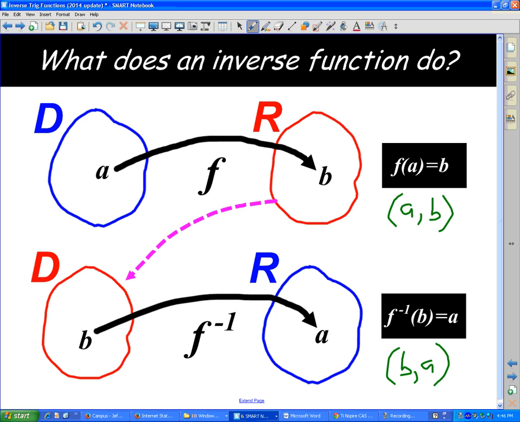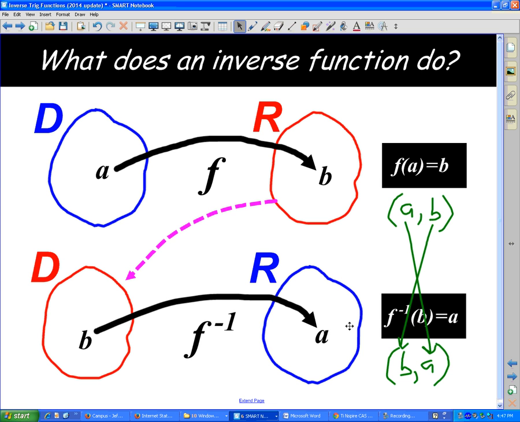It's an interesting point relationship here. This is a type of reflective symmetry when you look at it graphically through the line y equals x. Something that you will definitely examine in more detail in math analysis, something I'm sure you're looking forward to. But this is, in general, what the inverse function will do to a function.